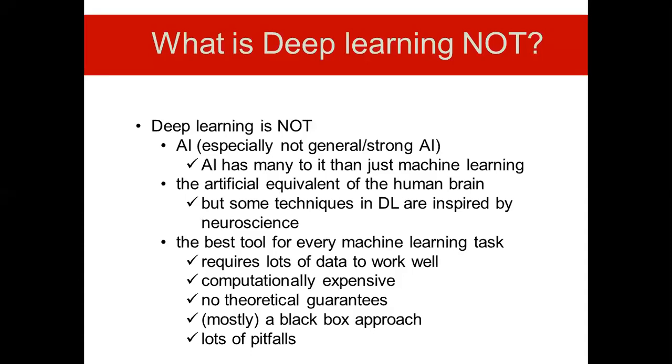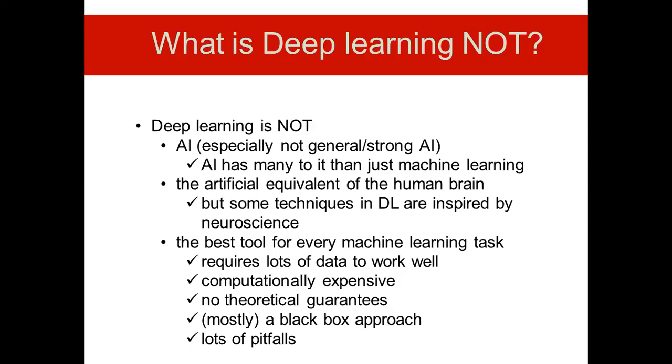AI has much more to it than just machine learning. Deep learning is not the artificial equivalent of the human brain. Even though some techniques in deep learning are inspired by neuroscience, the way we construct deep learning models is very preliminary. Compared to the complexity of our human brain, there's still a huge gap.